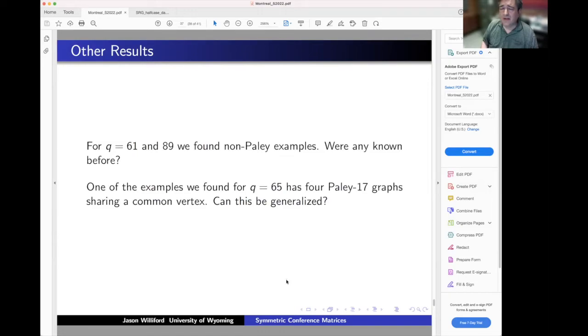Some other things we found: for q equals 61 and 89, we found graphs that are not isomorphic to the Paley graph, and they have a strictly smaller automorphism group, and of course they're not 2-graph switching equivalent. And then I just have this question, were any known before?